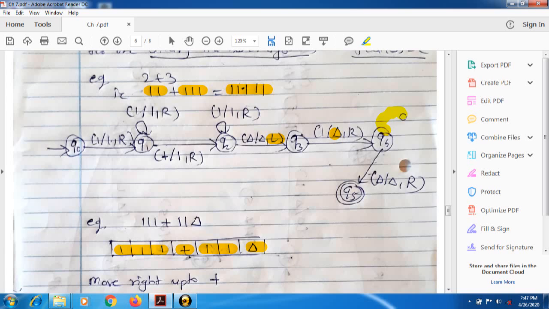So we have to add here one loop: 1 is replaced by delta and we move towards the right till we find the null symbol. And whenever you find the null symbol, you can write here right, meaning we move towards the right, otherwise you can write here stationary.